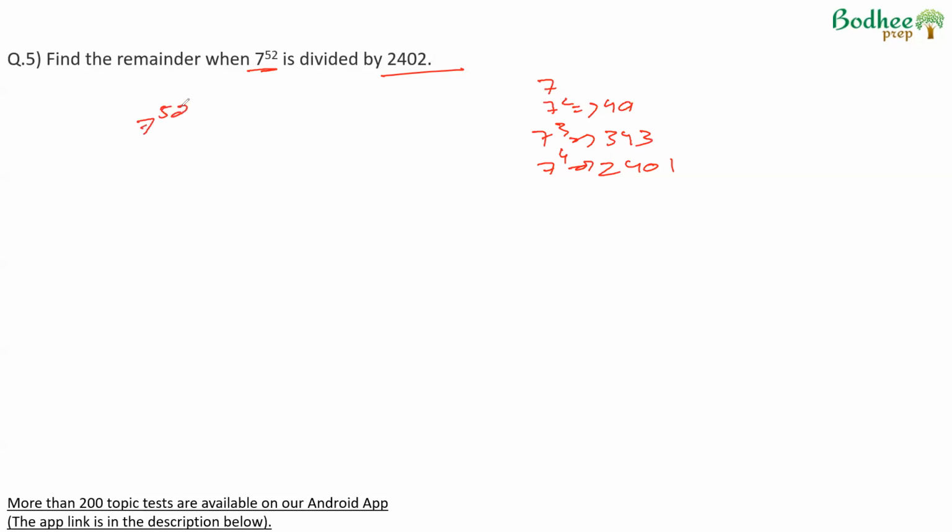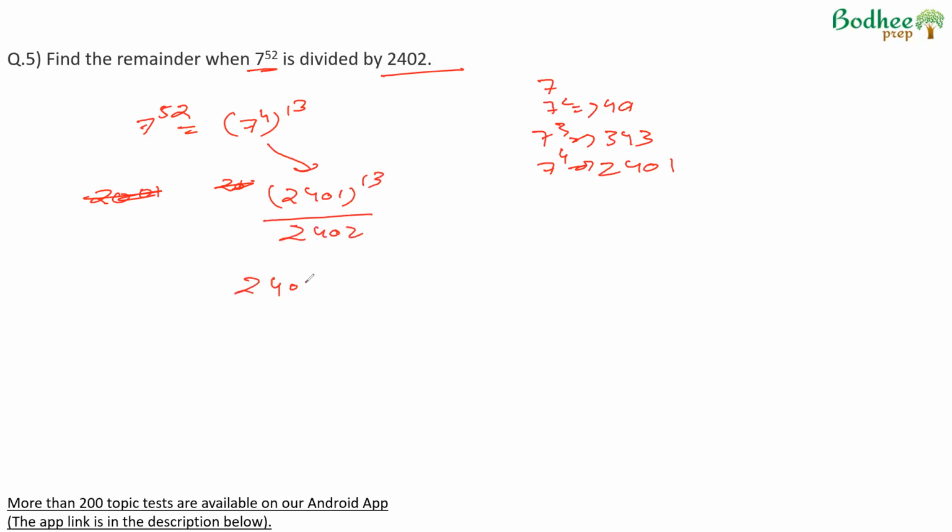So 7 raised to power 52 can be written as 7 raised to power 4 raised to power 13, which becomes 2401 raised to power 13 divided by 2402 is the remainder that we're looking for. 2401 is nothing but 2402 minus 1 upon 2402.